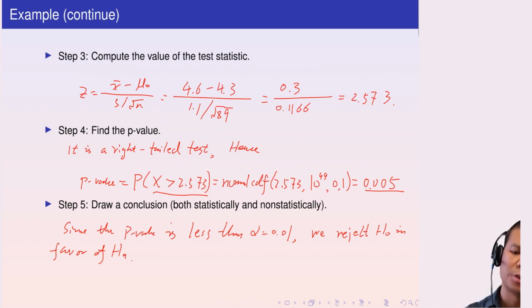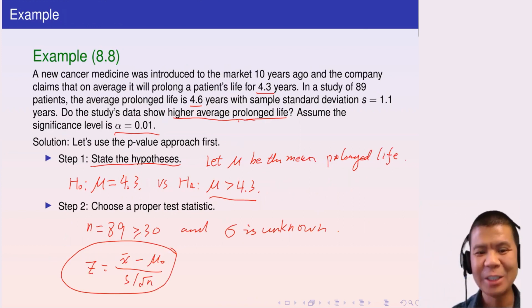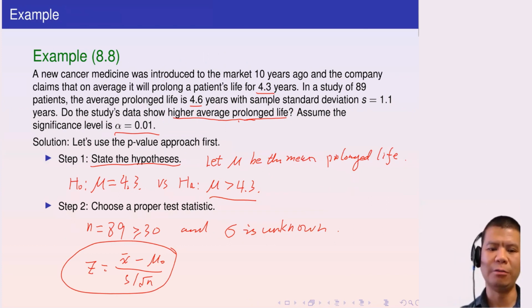This is the statistical conclusion. And for the non-statistical conclusion, does the data show a higher average prolonged life? Yes, right? The data show a higher average prolonged life.